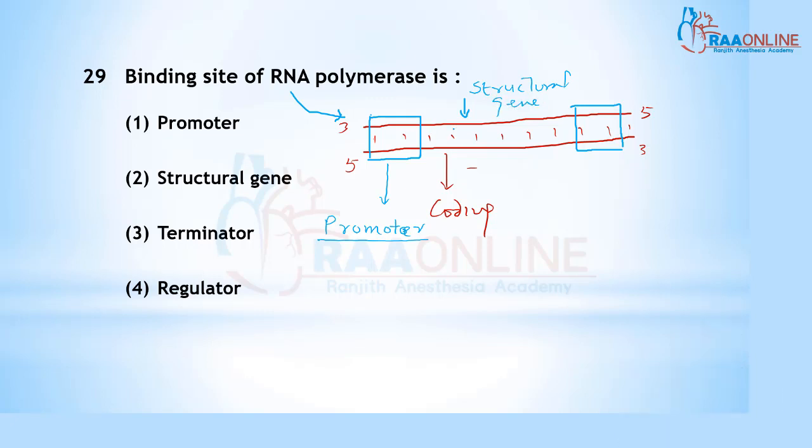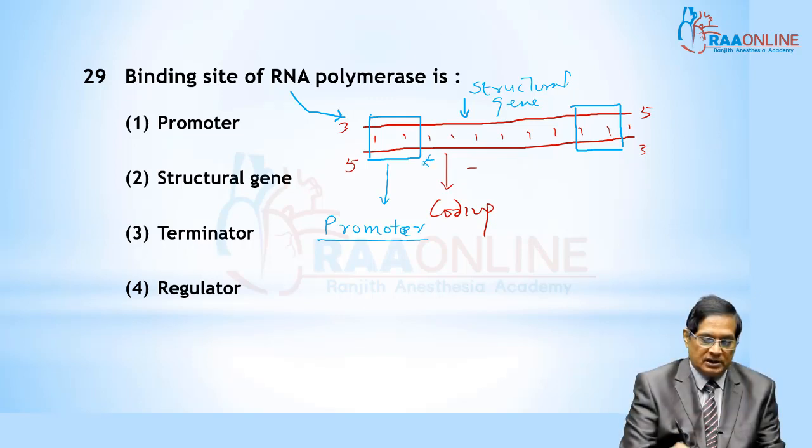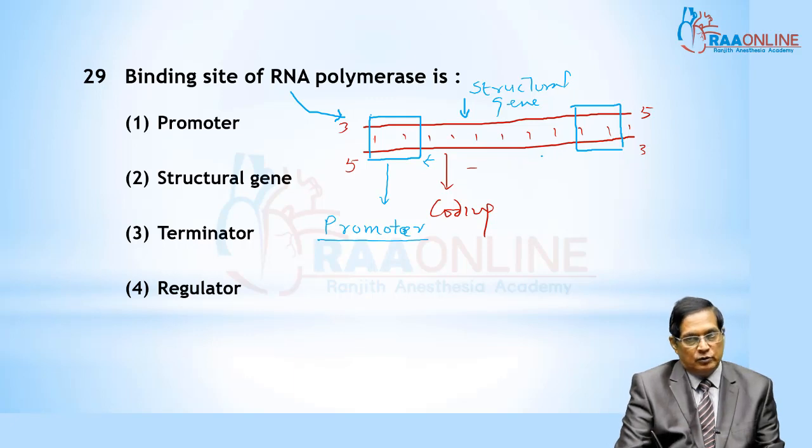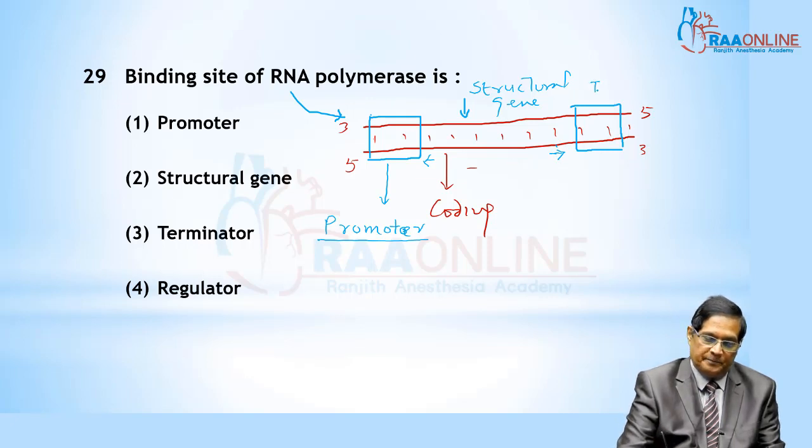Prior to the structural area, the promoter is present, upstream. After the structural gene, the terminator is present. This is the terminator, which is responsible for the termination of this process.